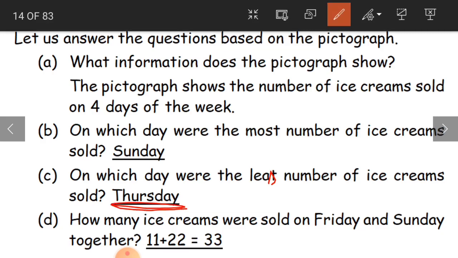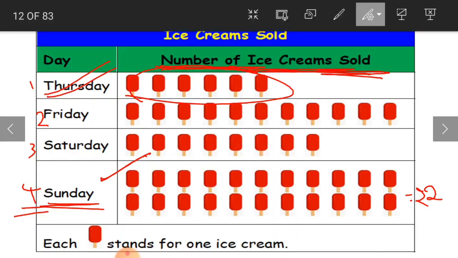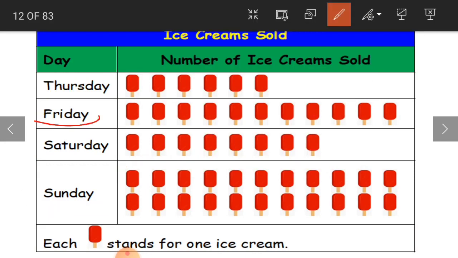And the last question, how many ice creams were sold on Friday and Sunday all together? On Friday we sold 11 ice creams, and on Sunday the vendor sold 22 ice creams.